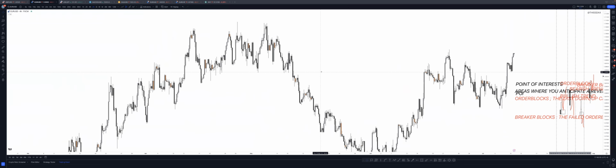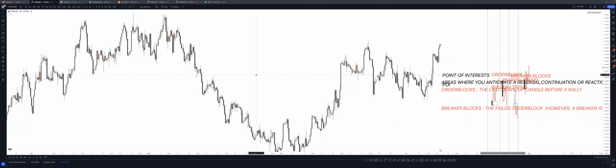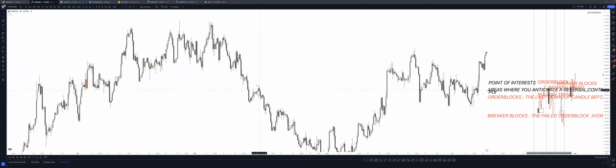So now I said an order block is the last down candle before what? An up movement, right? Last down or up candle before a rally. Now look at this scenario. You can see this rally here.